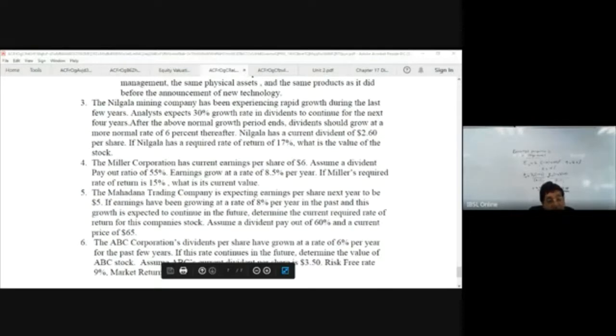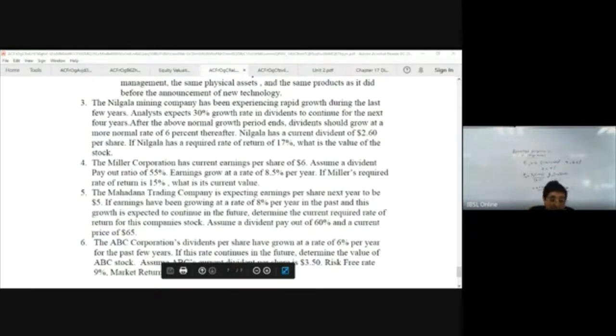Why do we get D1 here? Because the given earnings was for the first year, next year. So therefore it is E1, and we got D1 by multiplying with the payout ratio. So D1 divided by K minus G is equal to 65.